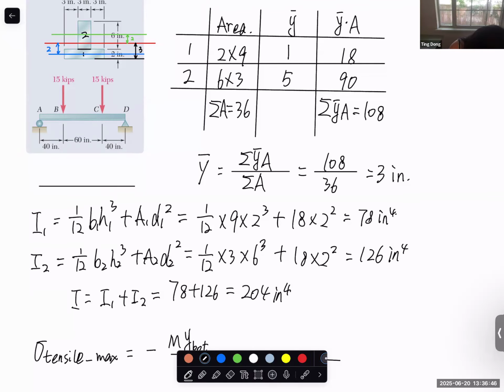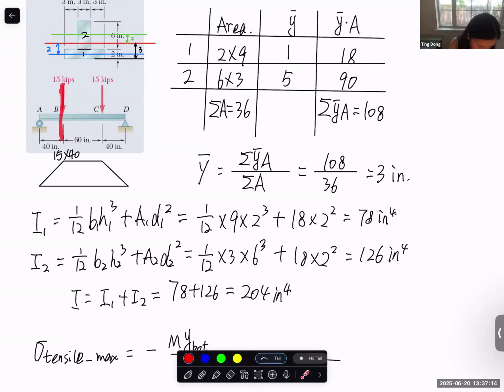How do you draw the bending moment diagram? Linearly increase, constant in between, and decrease back to 0. This is the bending moment diagram of our beam. Make sense or not? And this value, of course, is 15 times 40.